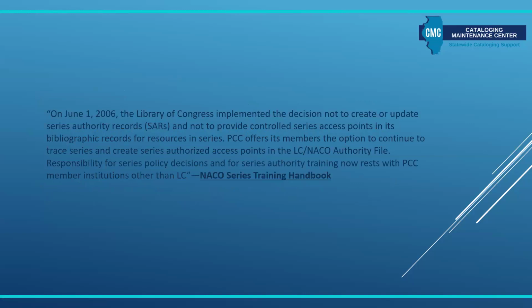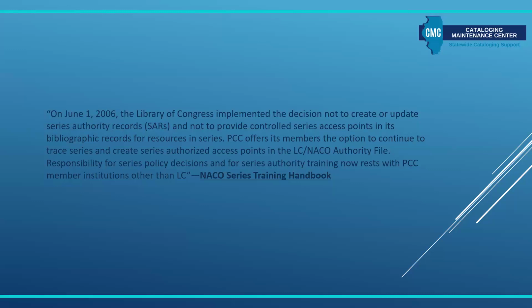Okay, so I want to give you a little bit of the background about series authority records. When the Library of Congress decided not to create or update series authority records in 2006, the Program for Cooperative Cataloging, or the PCC, took over this responsibility. As you see on the screen, on June 1st, 2006, the Library of Congress implemented the decision not to create or update series authority records, or SARs, and not to provide controlled series access points in its bibliographic records for resources and series.